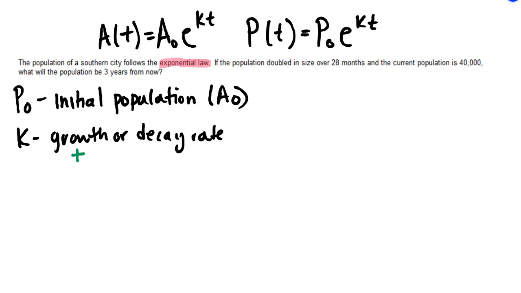And it's called decay rate if your population is getting smaller, and that value of k will be negative if your population is getting smaller. Then we have t, which is our time. And we can use any unit of time, months, days, years, whatever suits our problem. And then we have our P of t, and that's going to be the population after time.